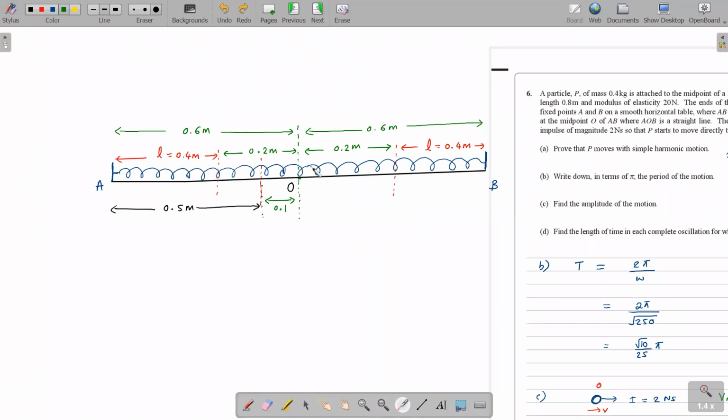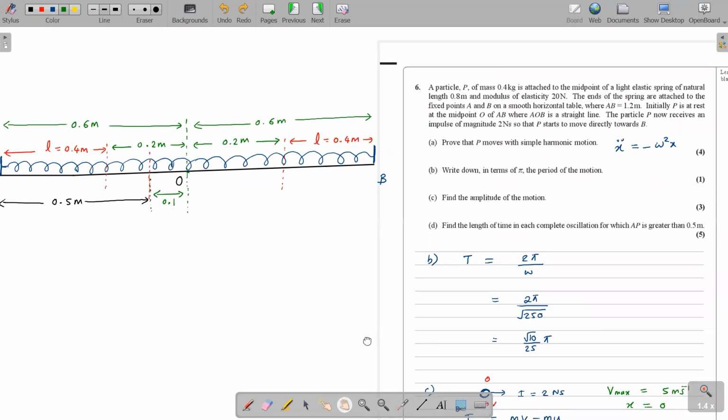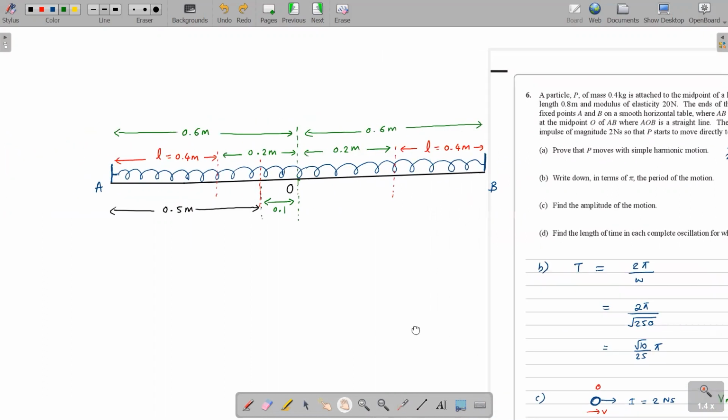So that's what happens. But the task here is to find how much time the particle is more than 0.5 meters away from A. So find the length of time in each complete oscillation for which AP is greater than 0.5.